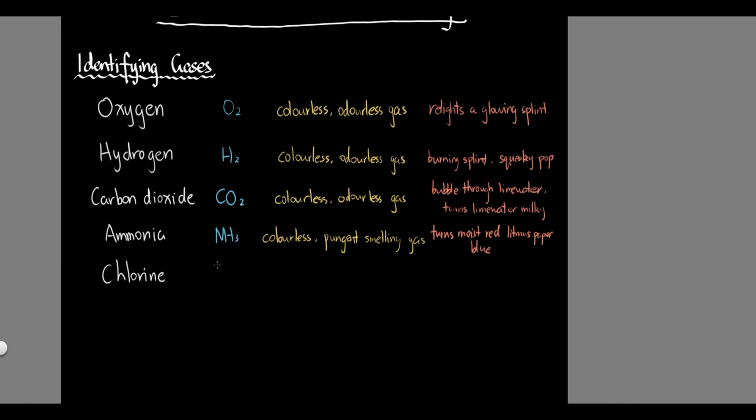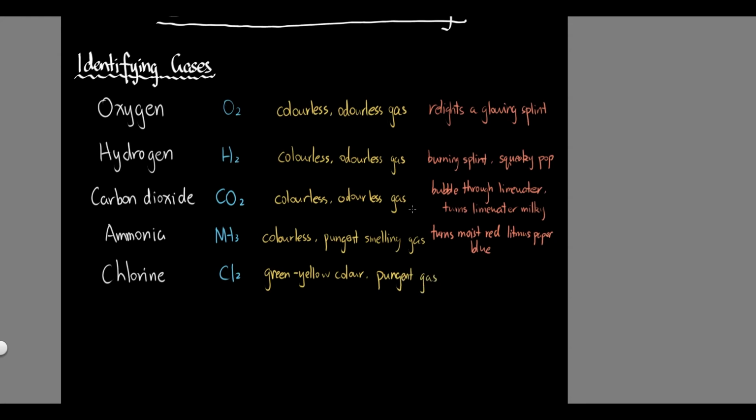Moving on, we have our final gas, chlorine, which is Cl2, and chlorine gas has a very greenish yellow color, so green yellow I guess, and it is also pungent smelling, so a pungent gas.